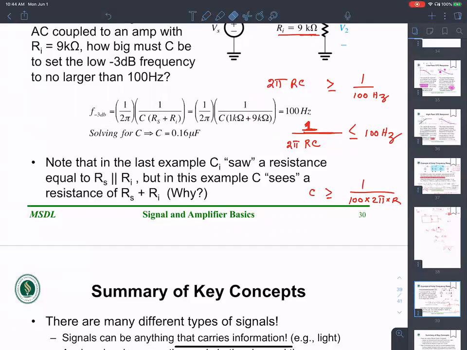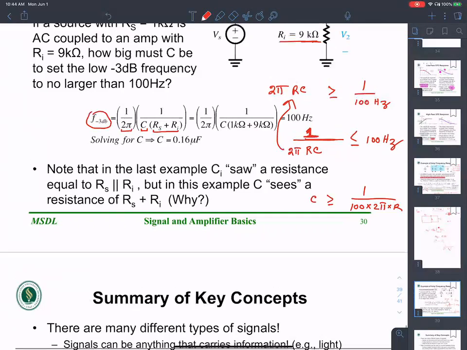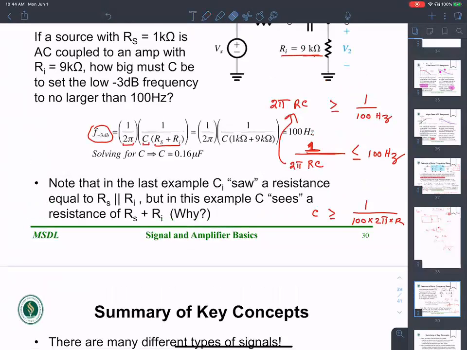That's exactly what is being found here. F3dB is calculated to be 1 over 2 pi times C times R equivalent. The constraint expressed in the problem is that this pole frequency should be less than or equal to 100 hertz.